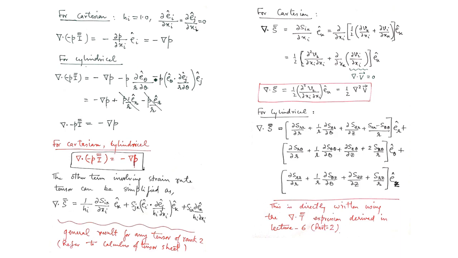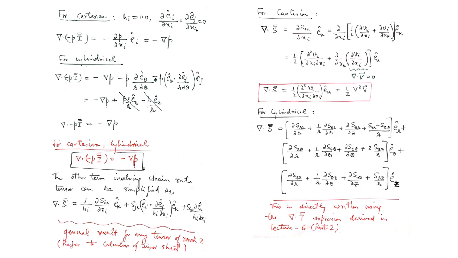Again, for Cartesian, the last two terms drop off and you have only one term, which is del Sik upon del Xi. So it means the partial derivative of Sik with respect to Xi, and of course the unit vector Ek cap.